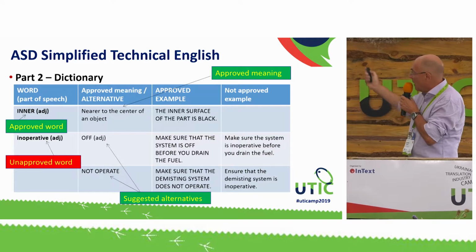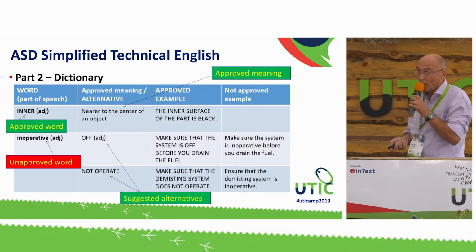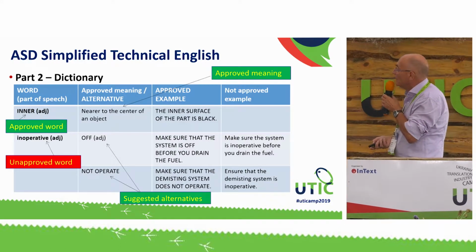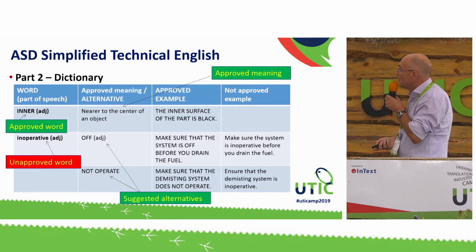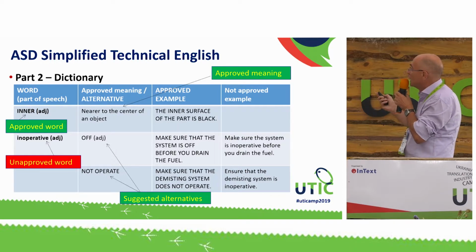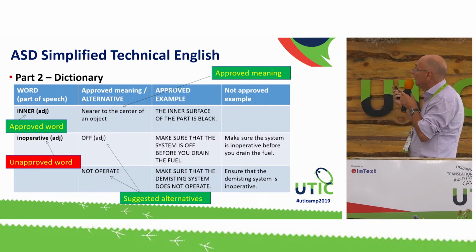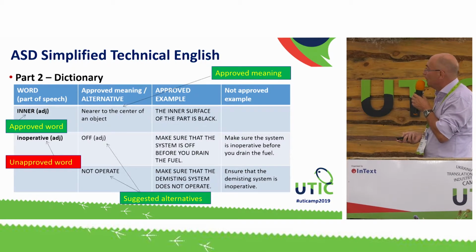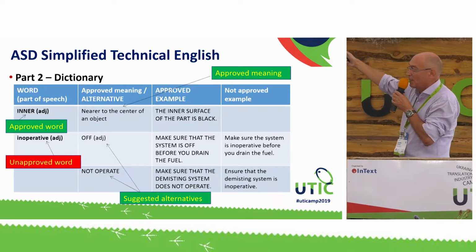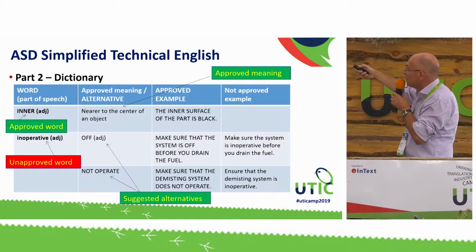And this is how the dictionary works. The dictionary is very simple, it has 4 columns. Column number 1 is the word and part of speech. The second one is the approved meaning or alternative. The third one is the approved example, and the fourth, the not approved example. You can see there are codes, which are explained in the introduction to the dictionary.